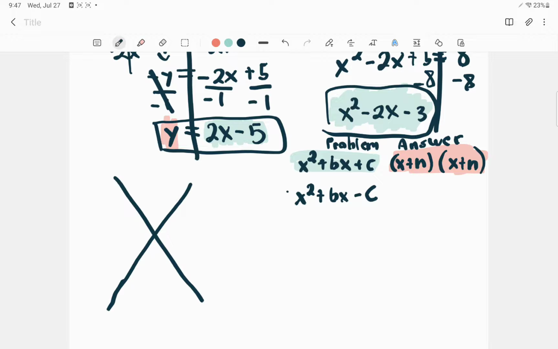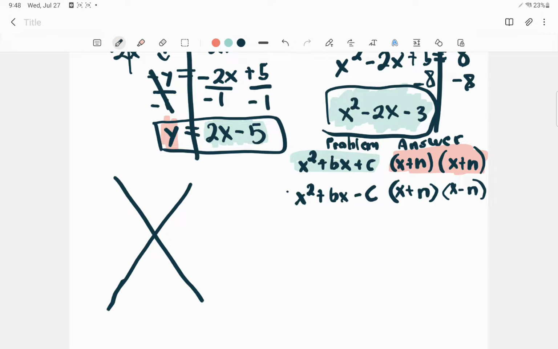So first we have a plus and then we have a minus. That means that we're going to have x plus, and then we're going to have x minus a number. This is a number.